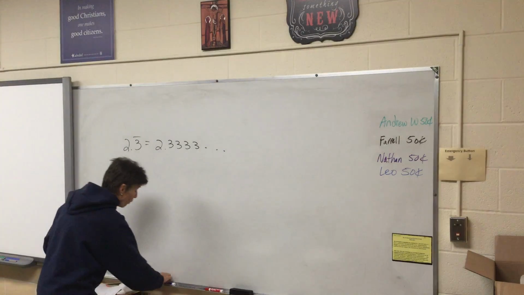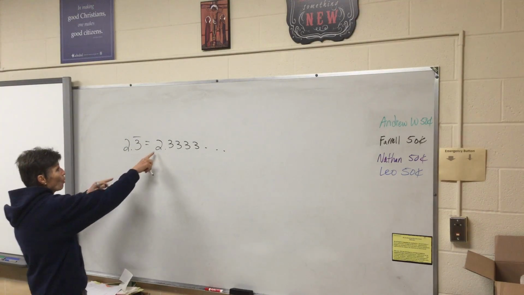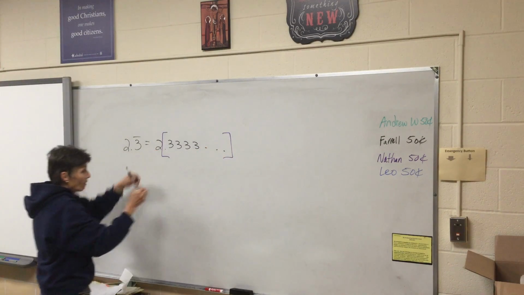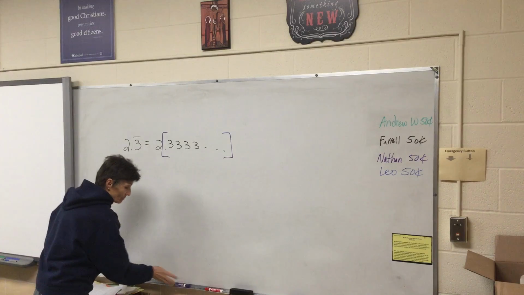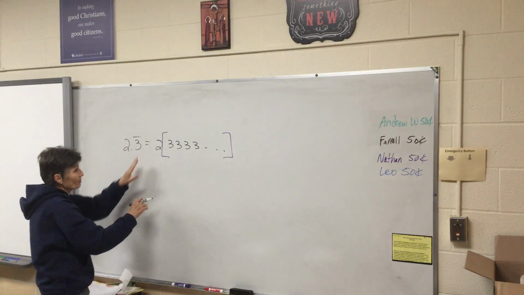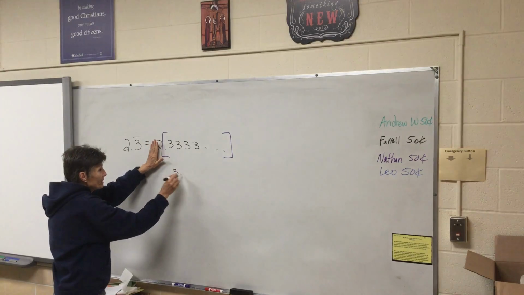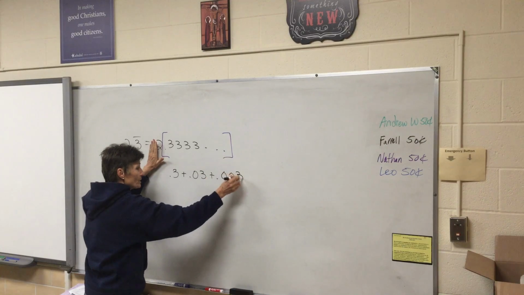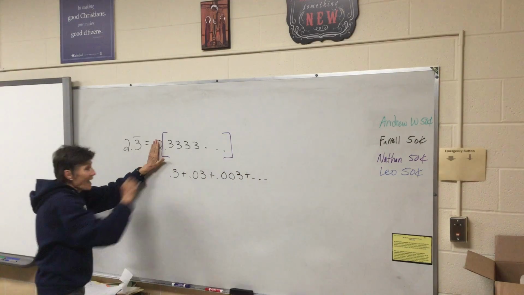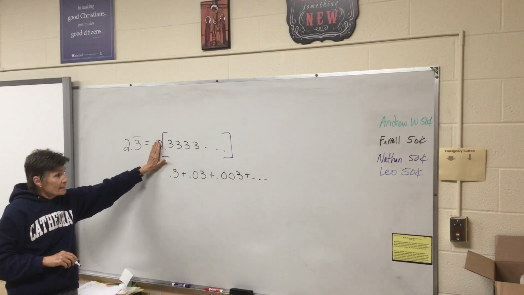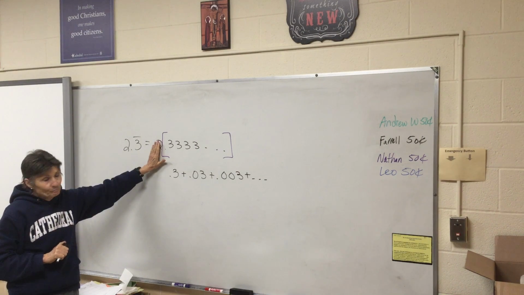So like before, we're going to ignore it for the time being, and we're going to look at this part. We got a 2 out here, but we're looking at 0.3 plus 0.03, 0.003, and so on. That's the part of the problem that we are looking at in the beginning.